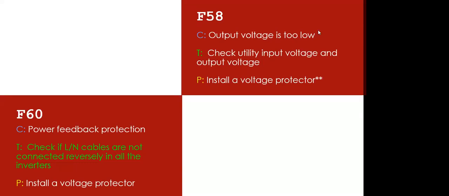Then the F60, this majorly happens when we connect two or more inverters together. It can happen to any inverter that is connected in parallel or stacked together, which is majorly what our inverters do.